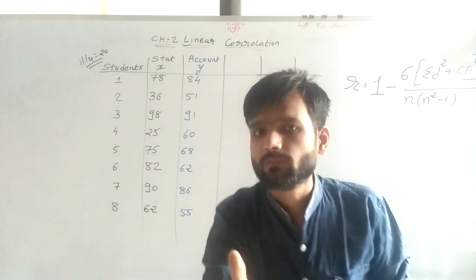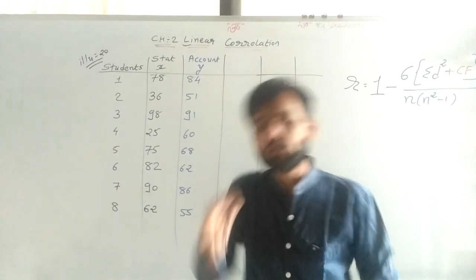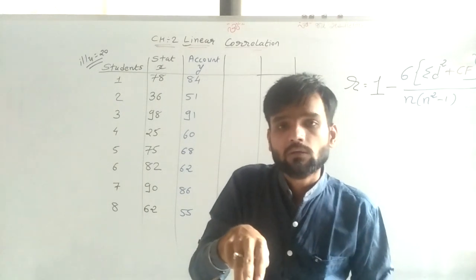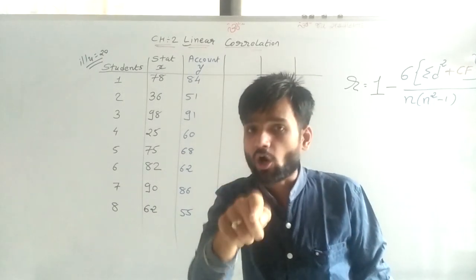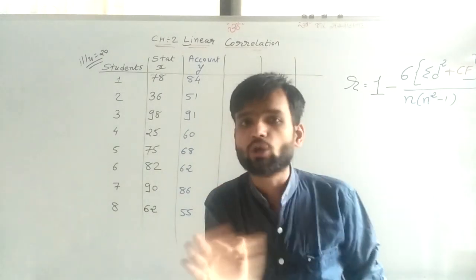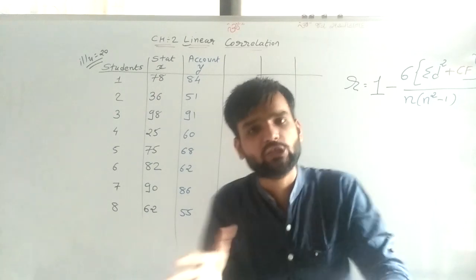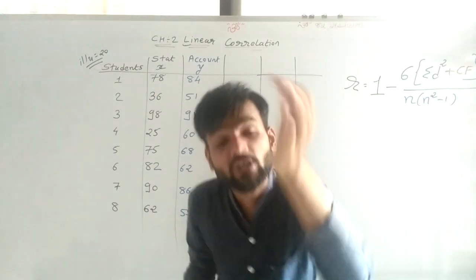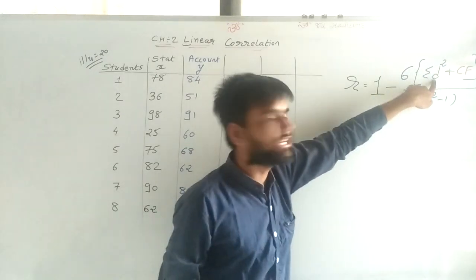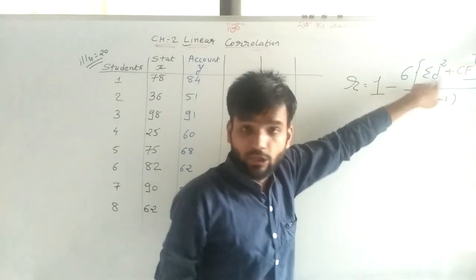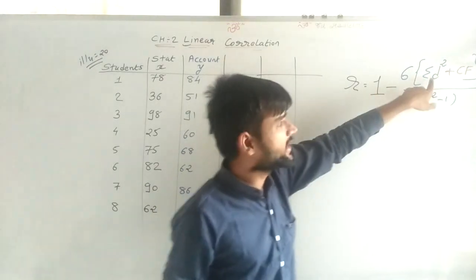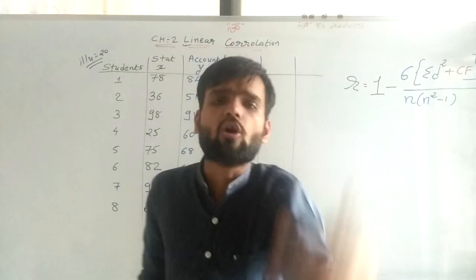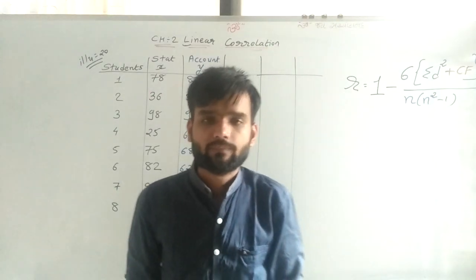Who is first? Who is second? Who is third? Because the name of the method is rank correlation method, first of all we need to give the ranks. Then after that, we need the difference of ranks, and not only the difference, we need the square of the difference.